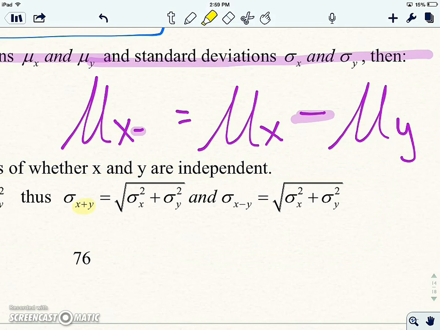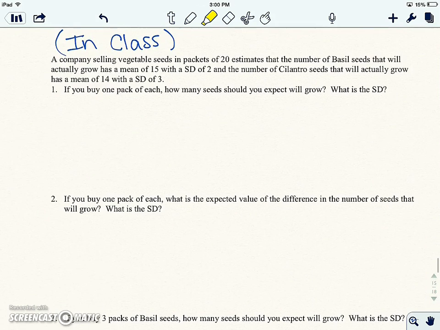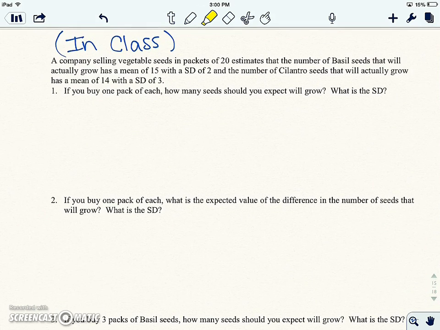Basically it said if we needed to add two random variables, we add their standard deviations squared and then square root it to get the standard deviation. But also if we needed to subtract them, we would still add them, because adding and subtracting adds more variability. The rest of this we will do in class to clear up any questions.